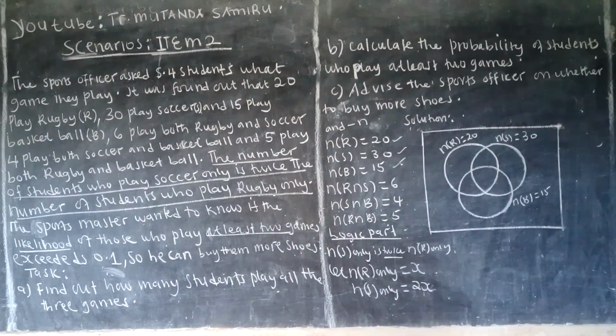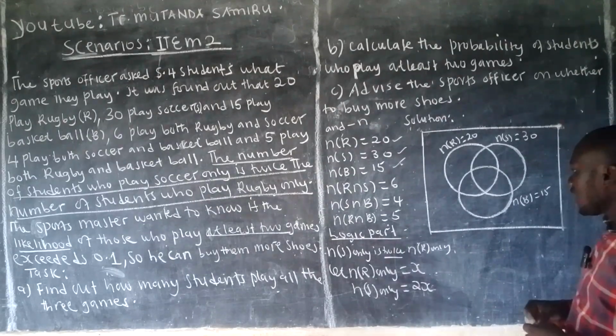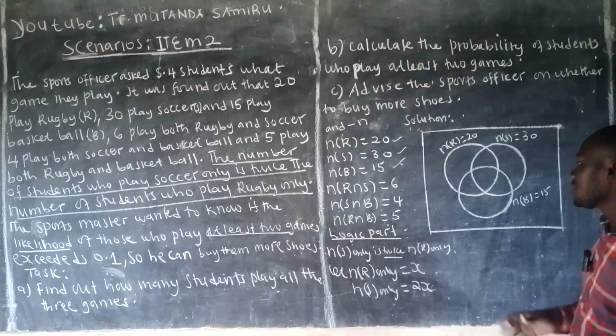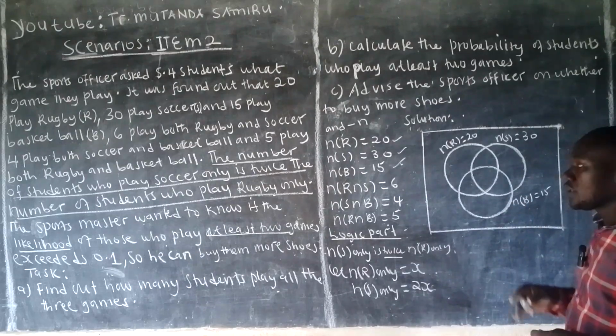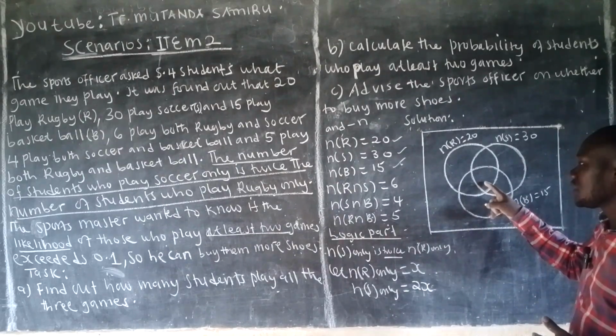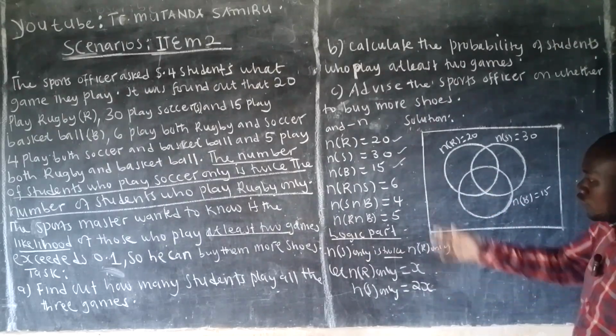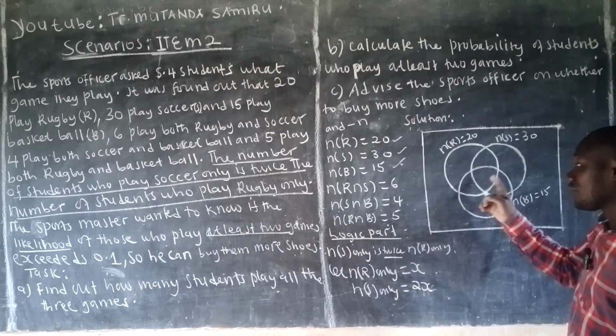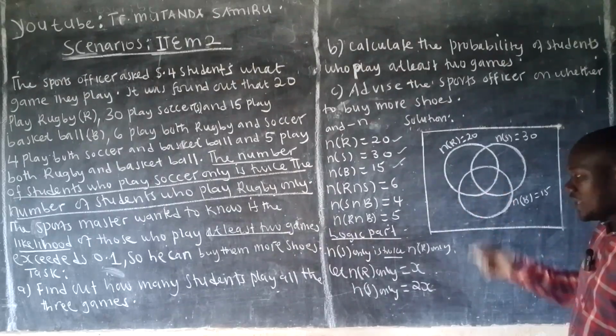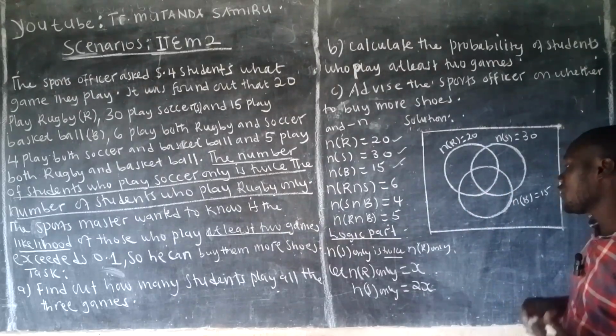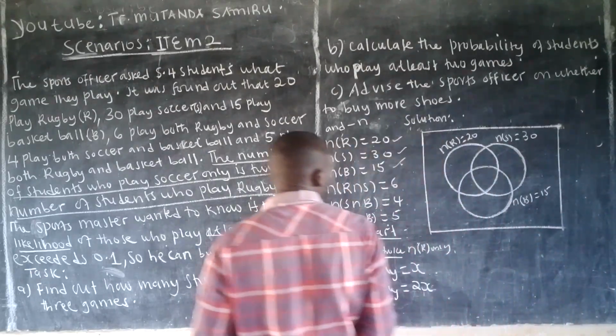Now, before we do anything, we agreed that before you start feeding the information into the Venn diagram, you must have the value for this point, the intersection of all three. Do we have it? No. If you look through all the data we have, we don't have the one for this point. And if you don't have it, you always let it be anything.